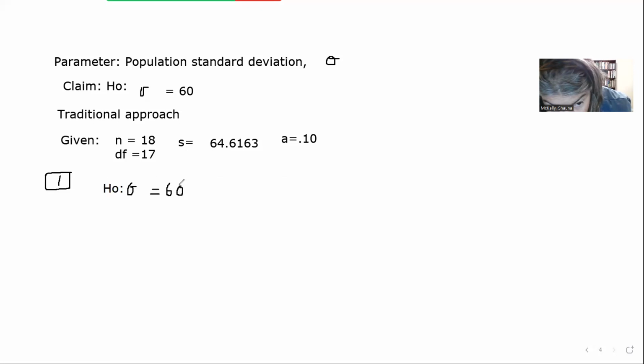And we're looking for is different. So we have H1 is that sigma is not equal to 60. Okay.